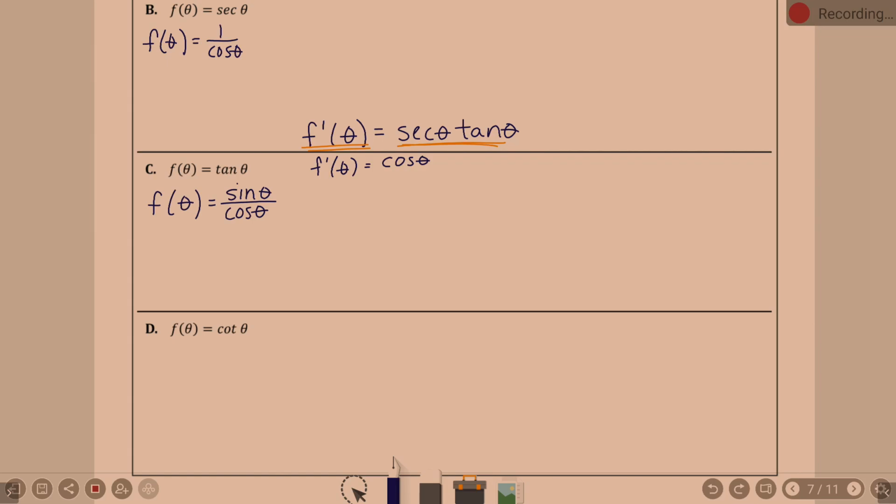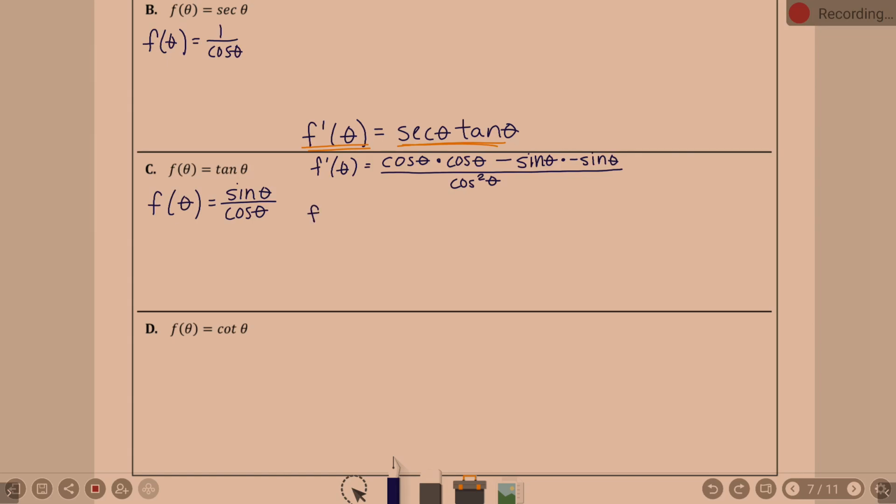Okay, so derivative of sine is cosine, times the denominator, cosine theta, minus sine theta times negative sine theta. Keep the sine, times the derivative of cosine, which is negative sine theta, all over cosine squared theta.